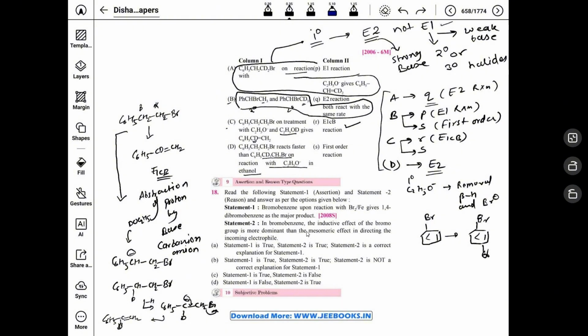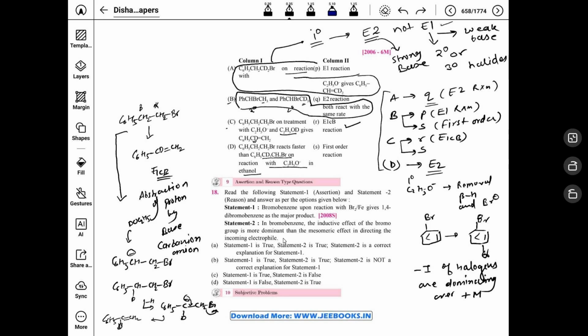Now statement 2: in bromobenzene the inductive effect of the bromo is more dominant than the mesomeric effect in directing the incoming electrophile. Inductive effect of halogens is dominating over the plus M effect.